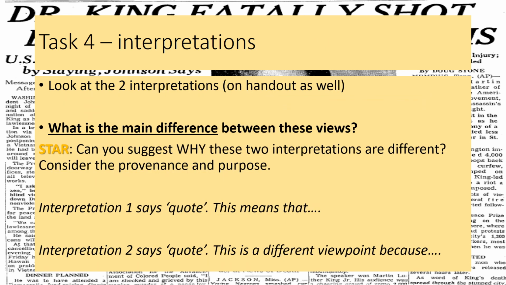Now, to help you go through those two interpretations, you're first considering what's the main difference between these views. So, to set this out as an answer, you will use a direct quote. There is an example on your worksheet that you can read through for how to lay it out. But you might start off by saying interpretation 1 says, that's where you'll pick a quote to use in your answer. And then you explain what that quote means.